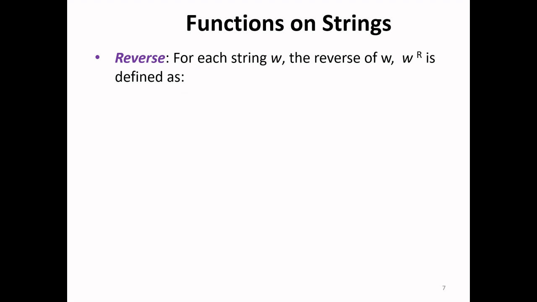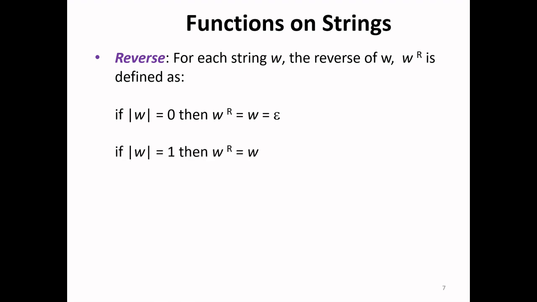Next is reversing a string. For each string W, the reverse of W, that is W raised to R, is defined as follows. If the length of W is equal to 0, then W is equal to W raised to R, which is nothing but epsilon. If the length of W is 1, then W raised to R is equal to W, because the length of the string is 1.